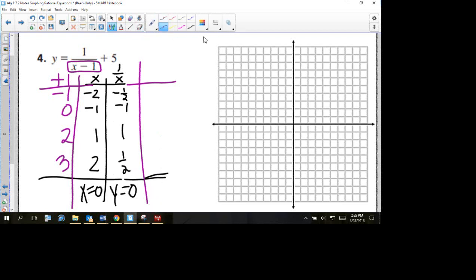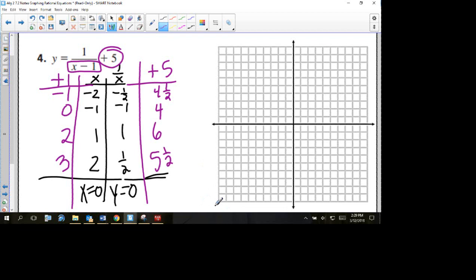Okay, and then to the y's, what does this plus 5 underneath? Translate up 5, so we add 5 to our y's. If you pick better numbers, maybe you have less fractions to do, but if I add 5 with a negative half, that's just 4.5. And then 4, and then 6, and 5.5.